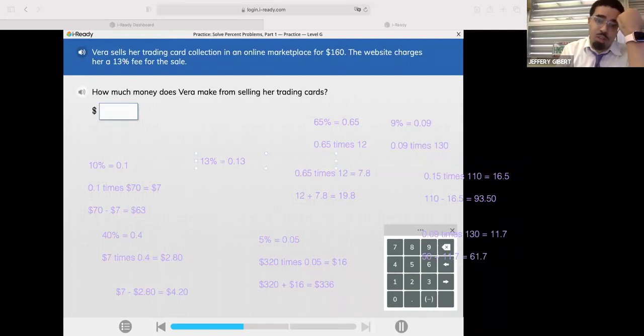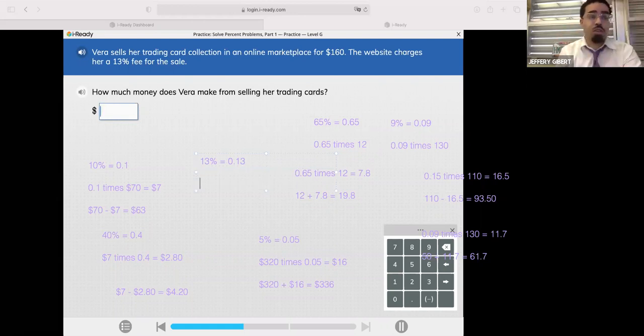Or does that mean they're giving her an extra 13% on top of her $160? Yeah, they're taking it away. So we need to do 160 times 0.13, and then whatever that equals, subtract it. So what's 0.13 times 160?